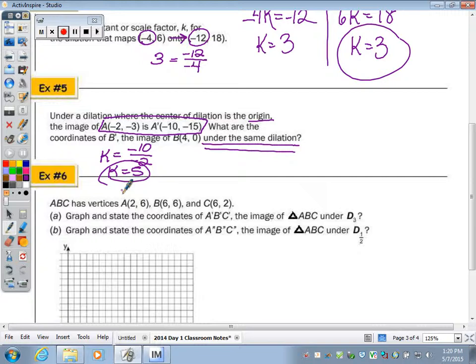So do the opposite of multiplication, we can divide. If you want to check yourself, you can also check the y values. Is negative 15 divided by negative 3 also 5? It is. So I need to multiply both these points. So I need to multiply 4 by 5 and 0 by 5 to get B prime of 20, 0.